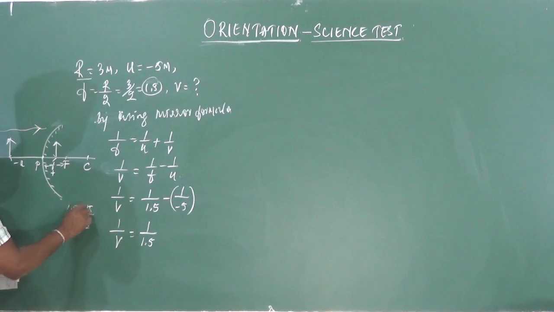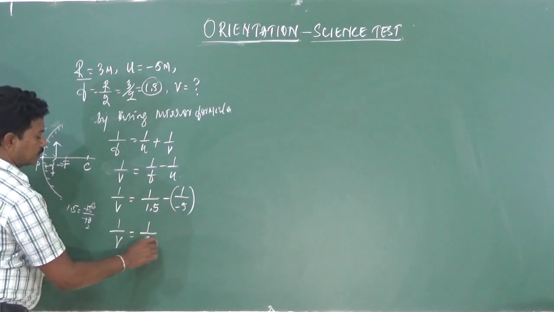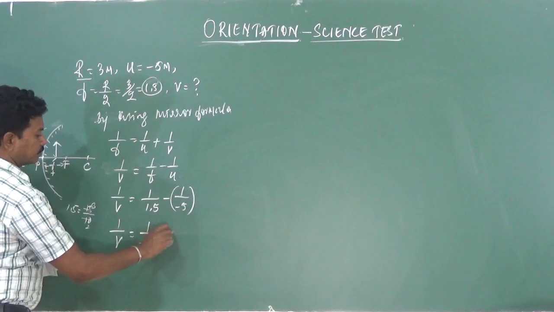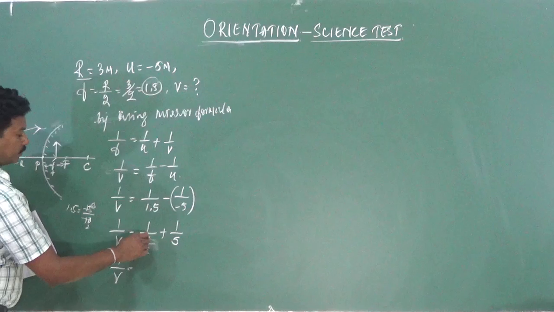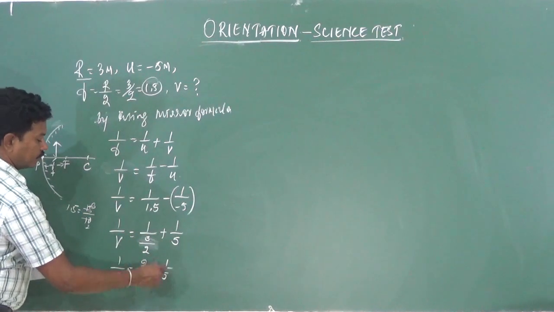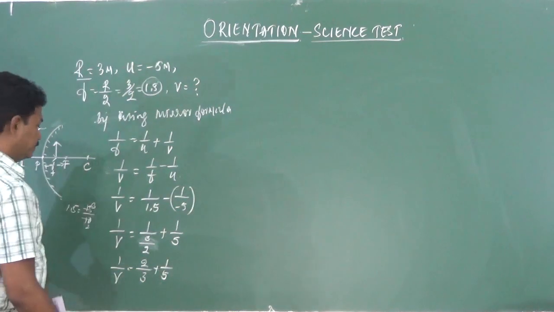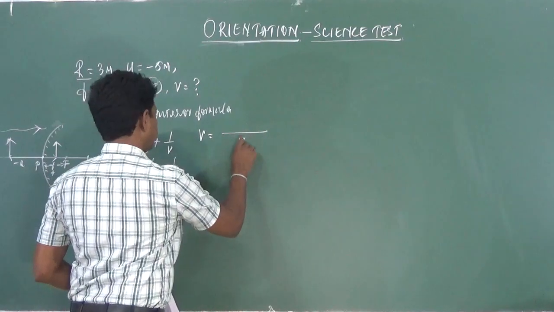So 5 twos are 10, 5 threes are 15, so this can be written as 3 by 2. Minus into minus is plus 1 by 5. So 1 by v is equal to 3 by 2, and if you take the reciprocal, it becomes 2 by 3, plus 1 by 5. For 3 and 5, the LCM is 15.